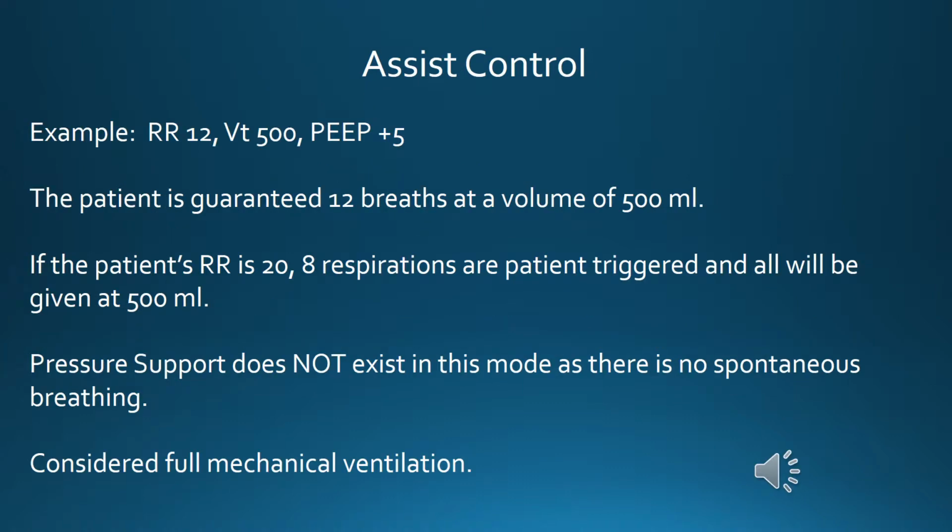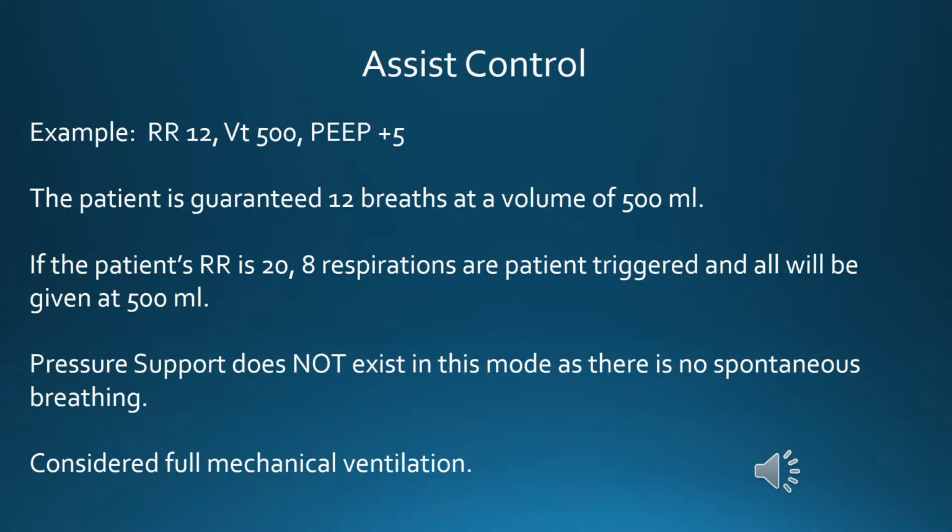So again, this is pretty important on assist control. This is considered full ventilation or full mechanical ventilation. Now the example set here is if the respiratory rate is set at 12 and the tidal volume at 500 and PEEP of 5, the patient is guaranteed at a minimum 12 breaths at a volume of 500 milliliters. When you multiply those two together, the breath rate and the volume, that gives you a minute ventilation.